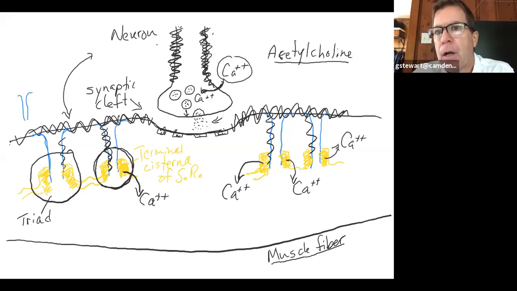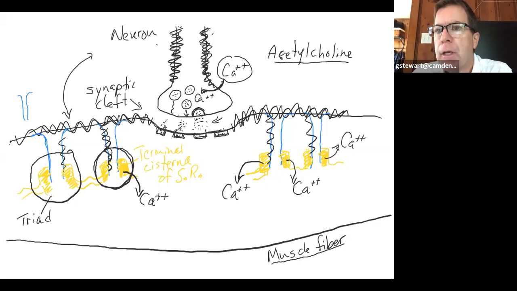Those calcium ions are responsible for dragging this vesicle that has stored acetylcholine in it to the end of the nerve cell. That vesicle releases acetylcholine. The acetylcholine chemical diffuses across this space called the synaptic cleft and binds to receptors on the motor end plate of the muscle fiber right here.